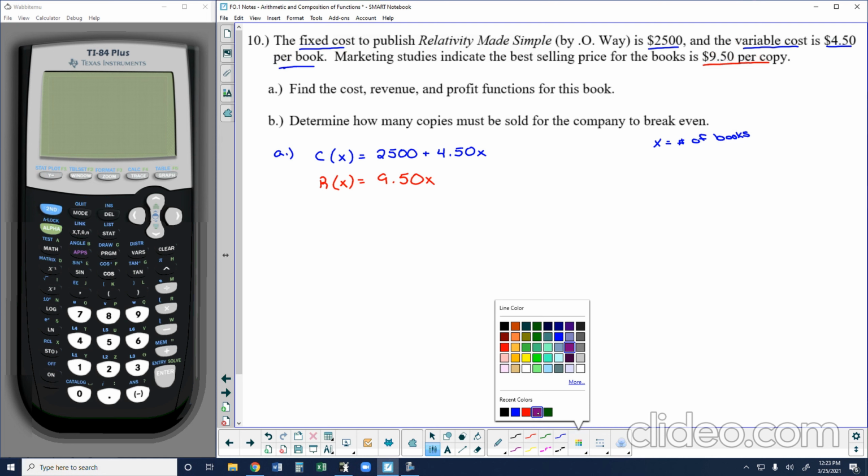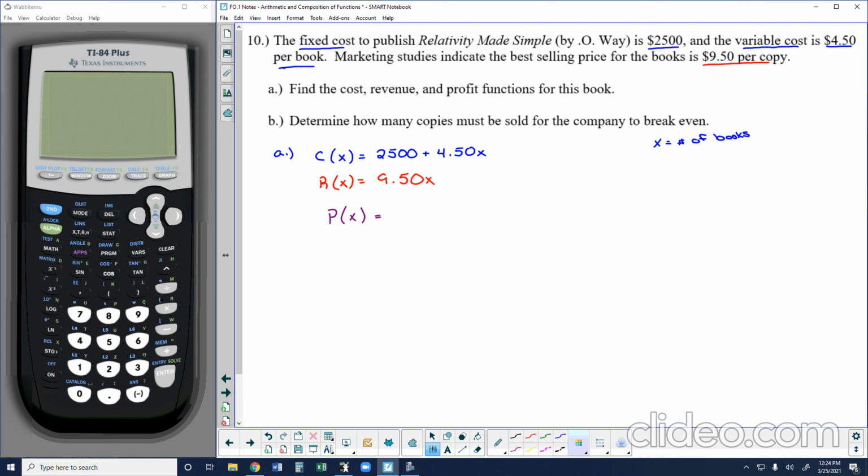In this case, profit is going to be the revenue, the amount of money that we bring in, minus the cost, the amount of money that we have to pay to create the books. So if I took 9.5x minus 4.5x minus 2,500, this would be 5x minus 2,500.